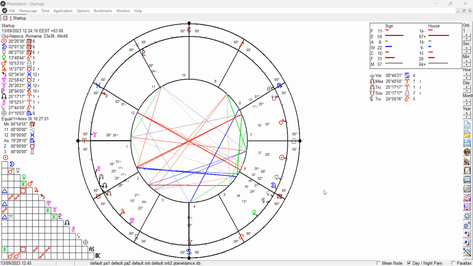Now, I'm going to speak just in a nutshell about the planets. So we can split the planets into two, and in the modern times even three categories. We have the inner planets, the personal planets, and the personal planets are usually very quick moving.